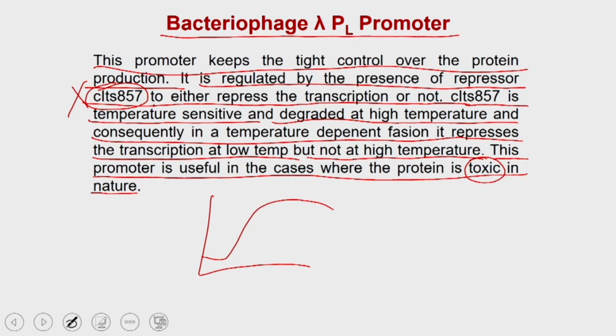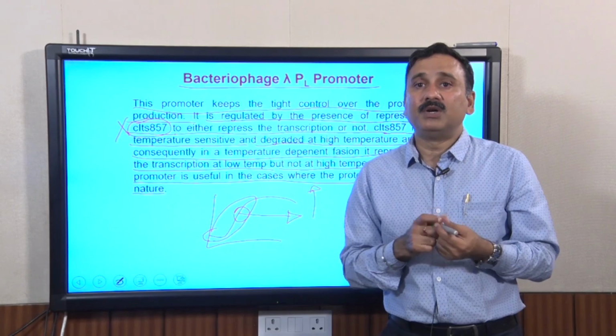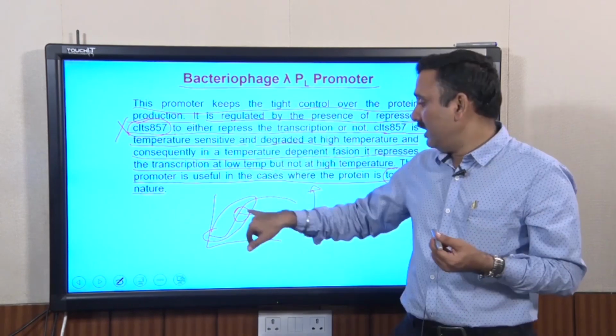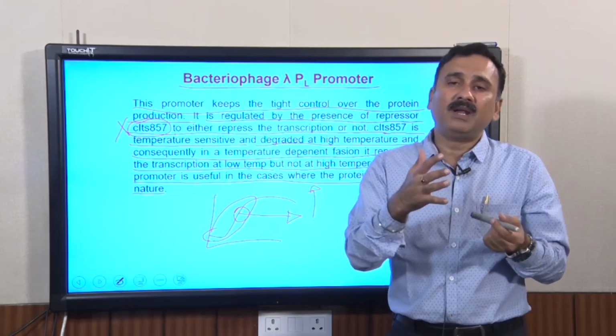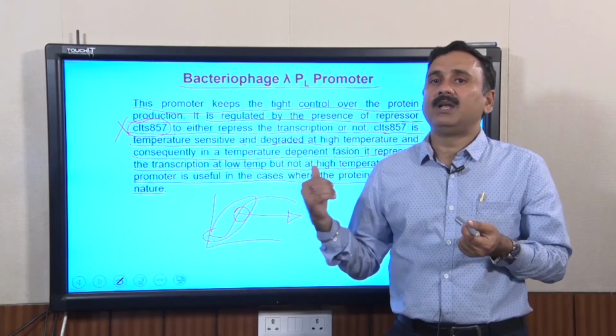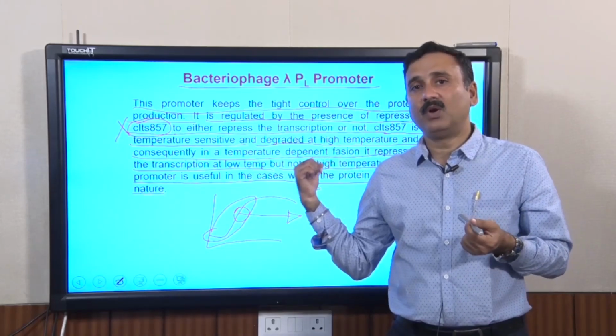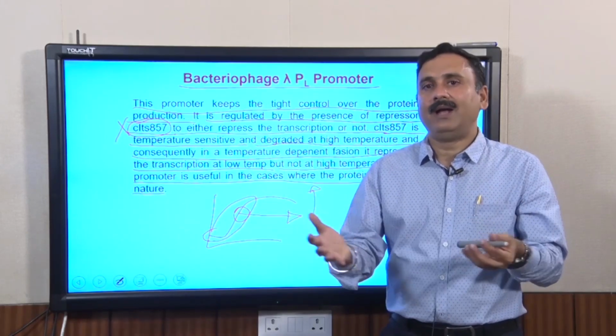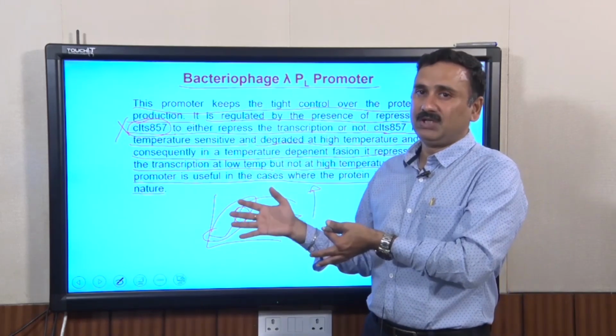So, you keep the temperature low until it reaches the log phase, and once it reaches the log phase, you increase the temperature, and even if at this stage the bacteria is going to die, it hardly matters, because the number of bacteria you are going to have in the log phase is way more than the number of bacteria you have in the lag phase, and as a result the bacteria will die, but it is going to produce this toxic protein which you can collect later on and use for downstream applications.